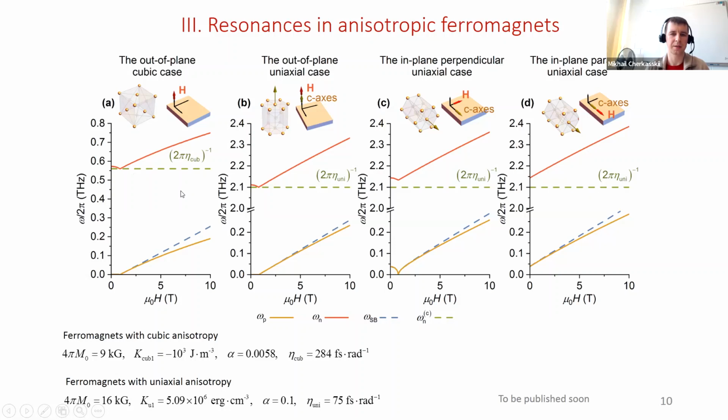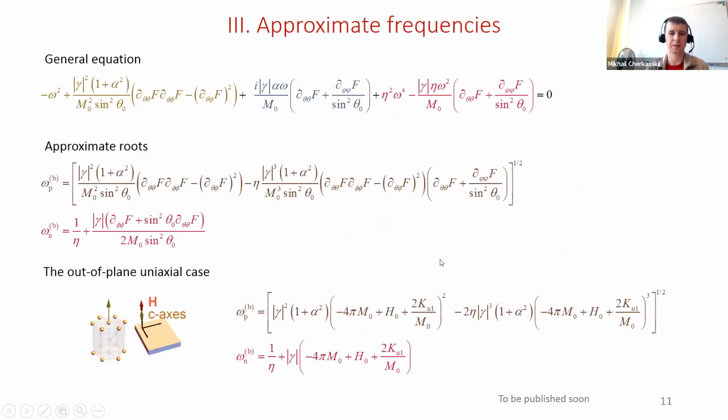Here different cases are shown, for different orientations of the external magnetic field and for different magnetocrystalline anisotropy. Next, we found the approximation for nutation resonance frequencies and the correction of the precession resonance.